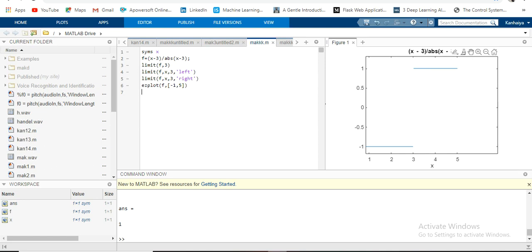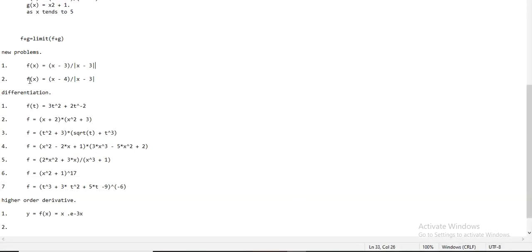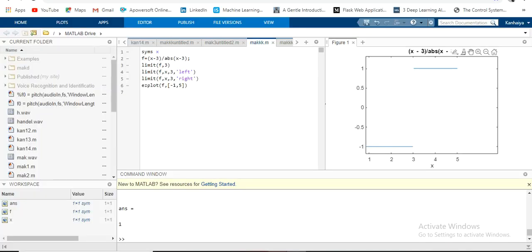Now let's switch to the next problem. This problem is x minus 4 upon mod of x minus 3. Let's try it. It is quite similar. We will do the same for this problem also. x minus 4 upon abs of x minus 3. We will check for all. Let's run it. We are checking at 3.